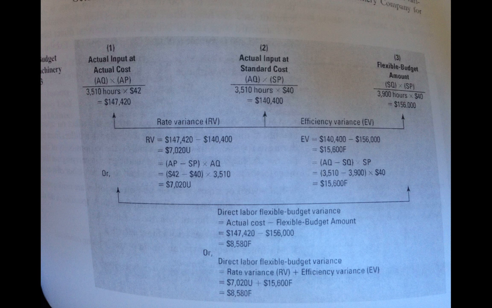So the first variance is based on the difference in hours worked. Then the second variance is based on the actual price paid for those hours. So that now the labor went from 40 to 42, and that's a difference that's based on price. So we have quantity and price differences here. And you could see the first one we called efficiency variance, and the second one is a rate variance.